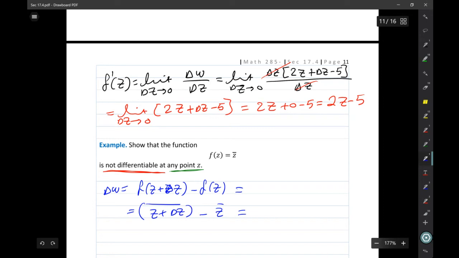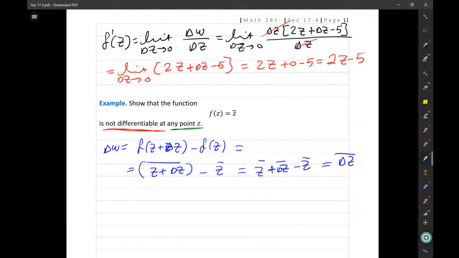But we know from the rules of the conjugate that the conjugate can be distributed over addition, subtraction, and multiplication. So that becomes z conjugate plus delta z conjugate minus z conjugate, which is equal to delta z conjugate.